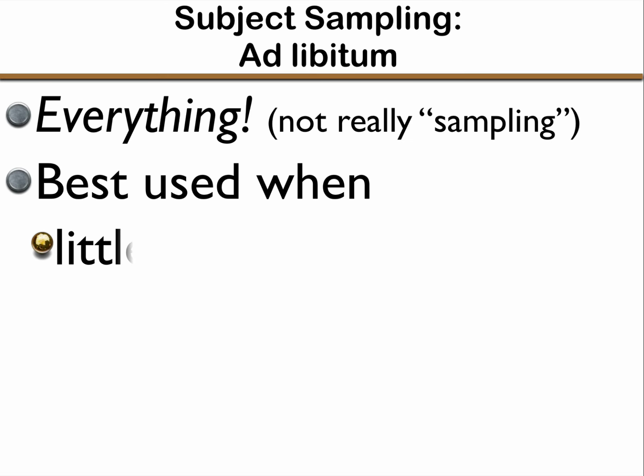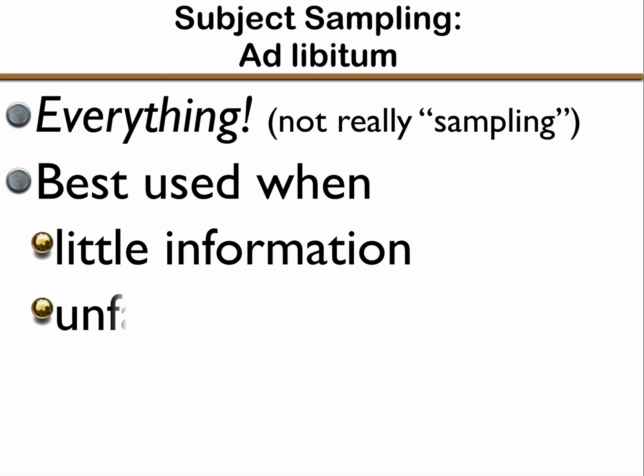Well, it's best used when there's already little information available on whatever you're observing, or that particular species, or you're just simply unfamiliar with this particular type of behavior or this particular type of animal, whatever the species happens to be. So to familiarize yourself, you just try to record as much as possible, at least initially. So it's called ad libitum.